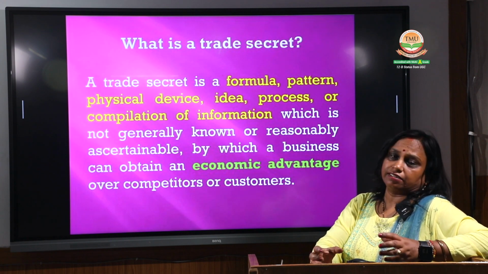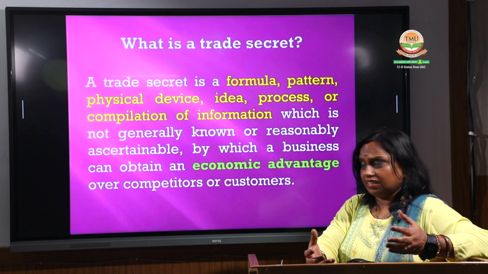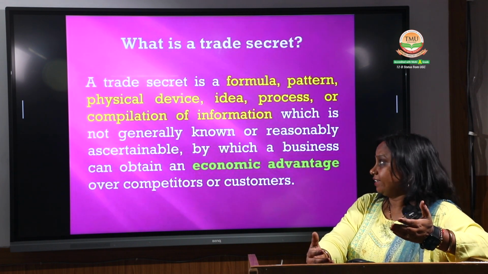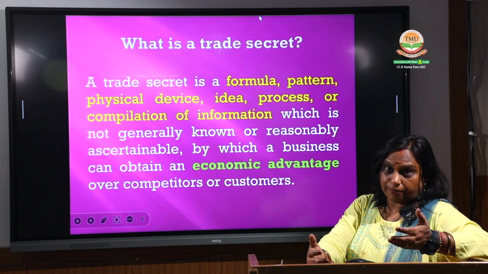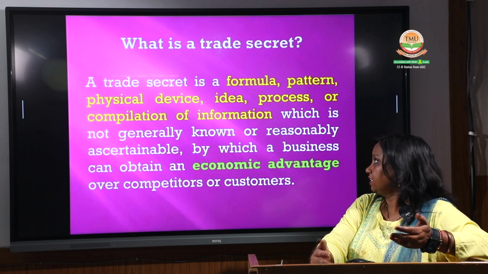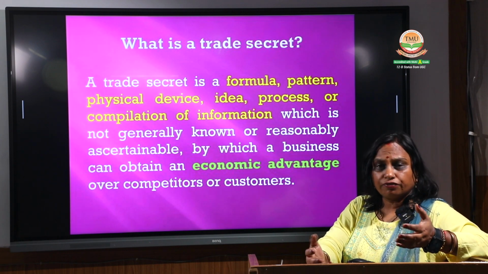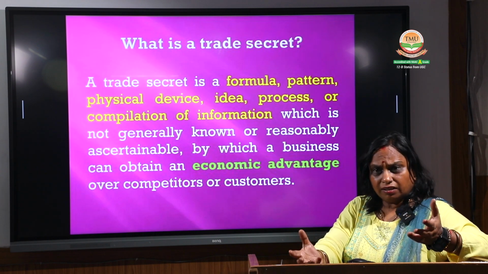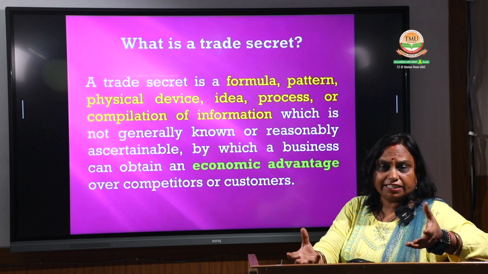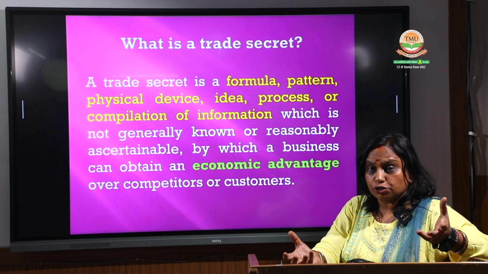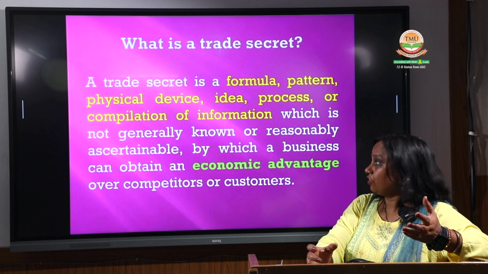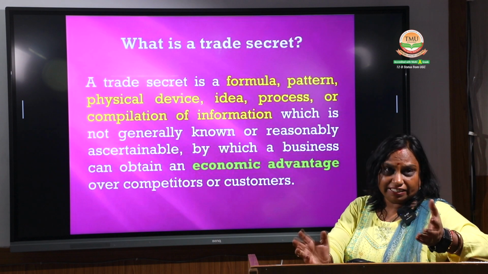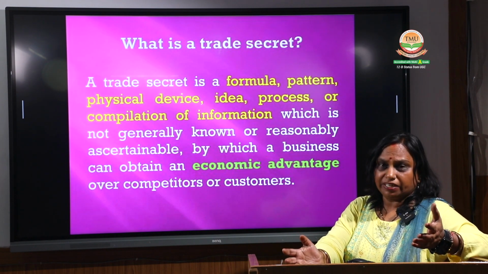If any company has designed or invented any physical device, that can also be a trade secret, or any business idea, any strategy for doing a particular business, or any process of manufacturing a particular product, or any kind of ingredients for making a particular consumable product, or compilation of information, like in the case of a computer program, or in the case of maintaining a database by various companies.